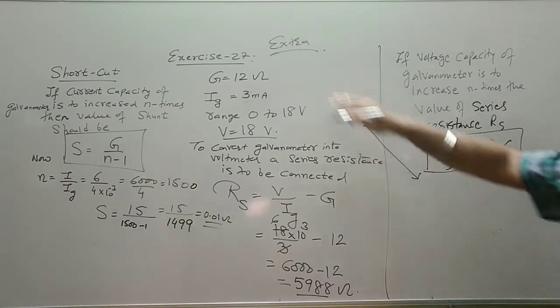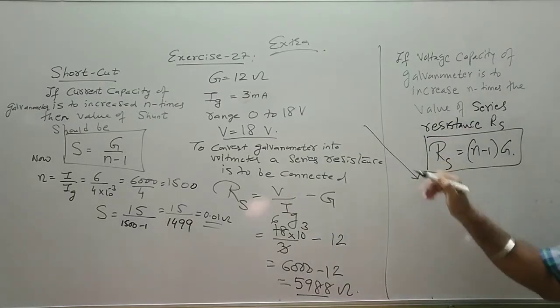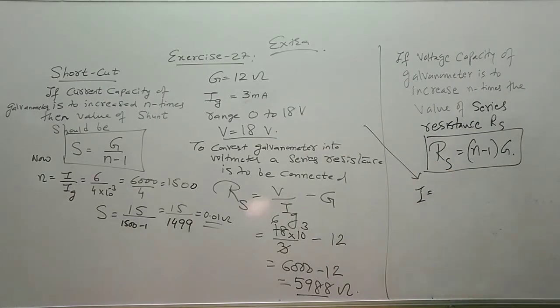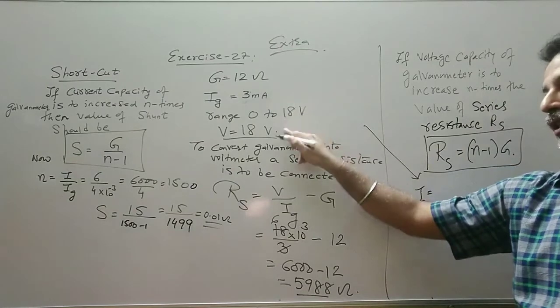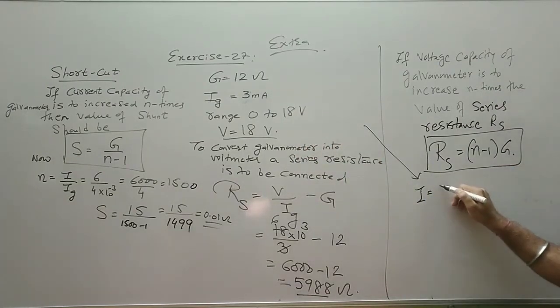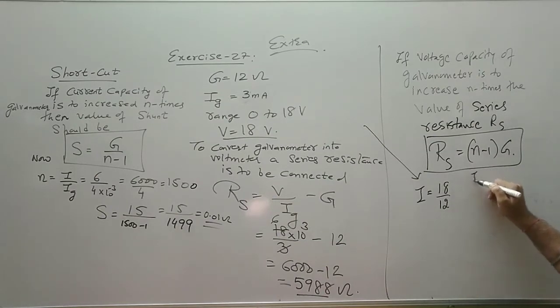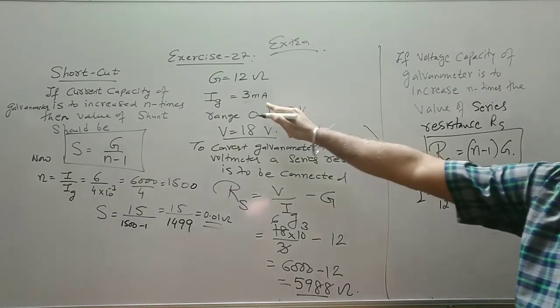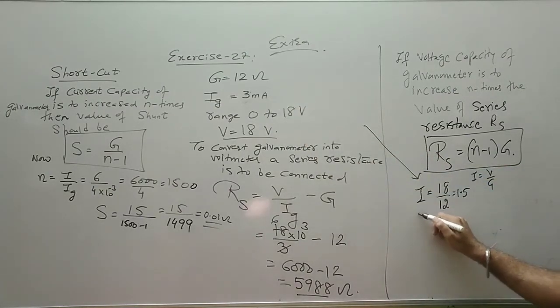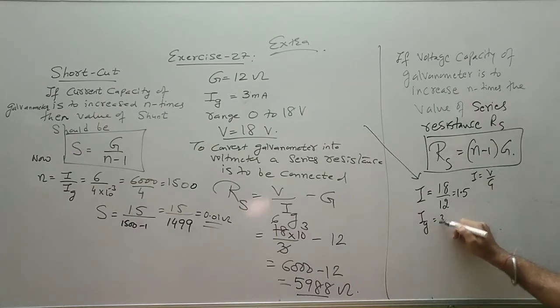Otherwise, let us again take this example. You find out I from these values: I can be written as 18 upon 12, that is Ohm's law, I is equal to V upon G. So it comes out to be 1.5. And what is the current capacity? 3 milliampere, so Ig is equal to 3 into 10 raised to minus 3.